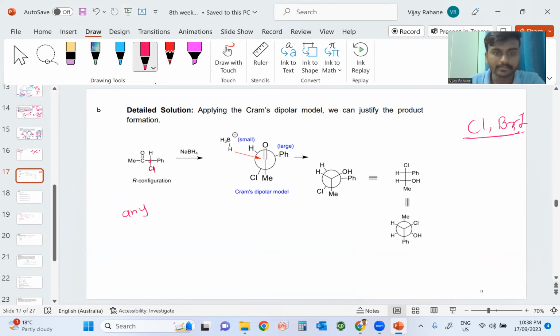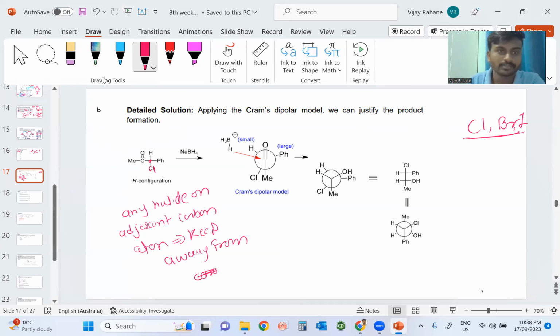Any halide on the adjacent carbon atom should be kept away from the carbonyl oxygen, sorry, away from the oxygen. So we have to keep it away from this oxygen.